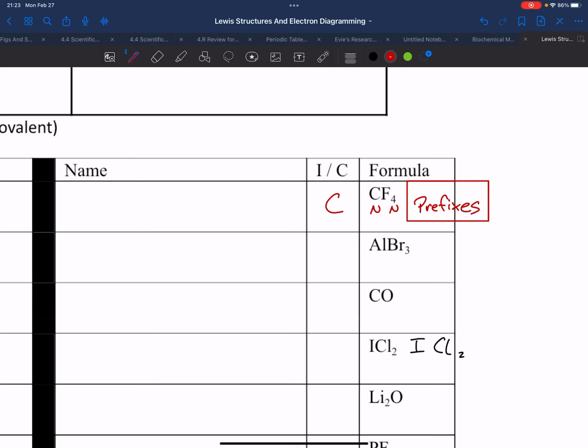So CF4, C, since there's only one of them, is just carbon. And F is fluoride, but there are 4 of them. And so the prefix for 4 is tetra. And so CF4 is carbon tetrafluoride.